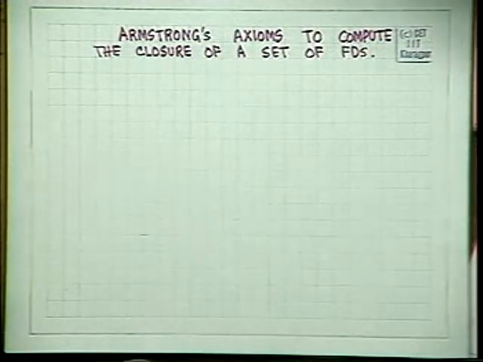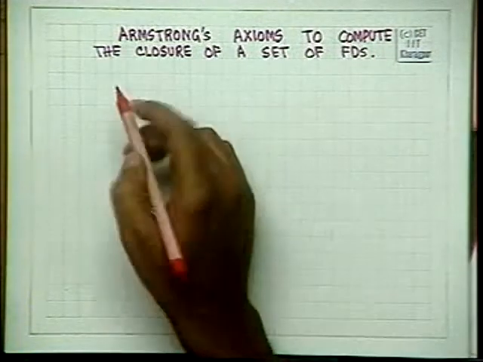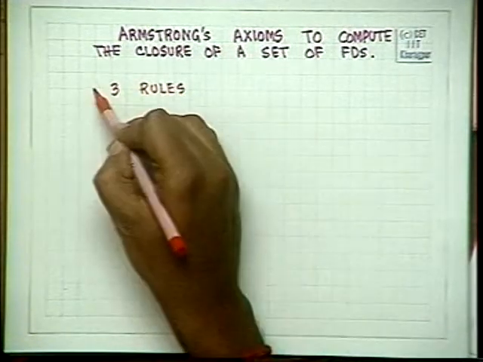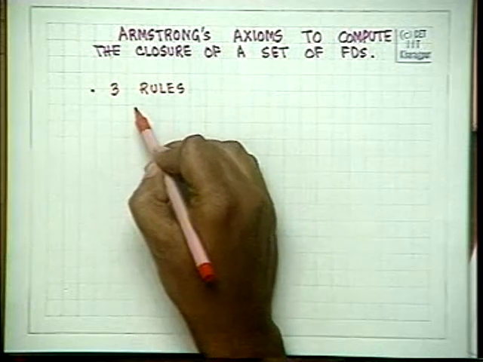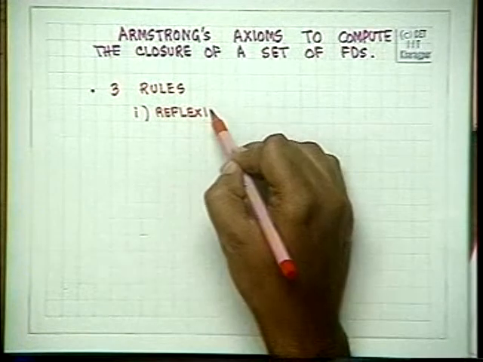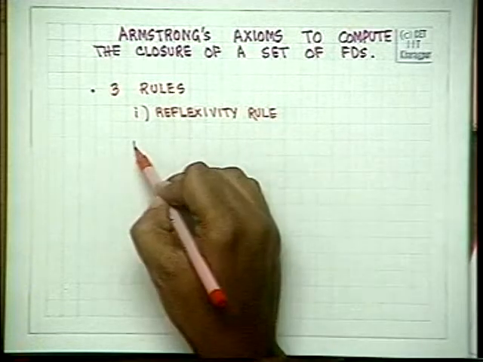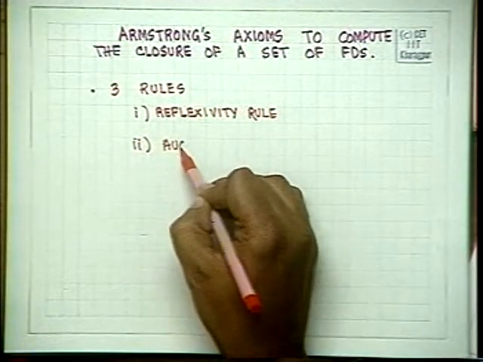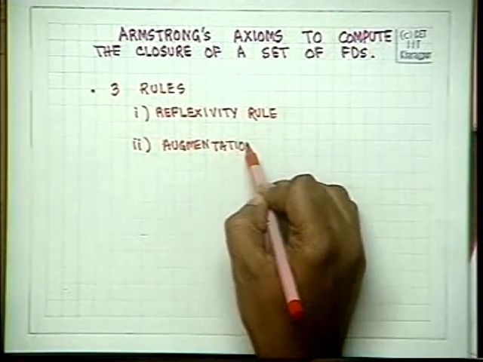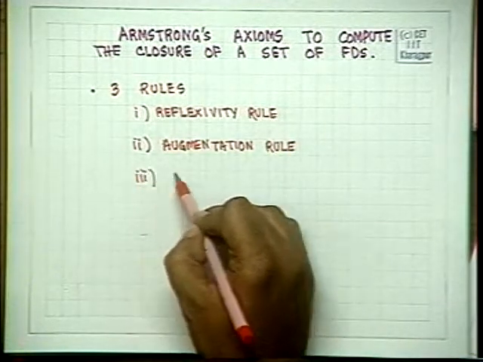What Armstrong did was, Armstrong suggested three rules. Namely, one was called the reflexivity rule, the second was called the augmentation rule, and the third was called the transitivity rule.